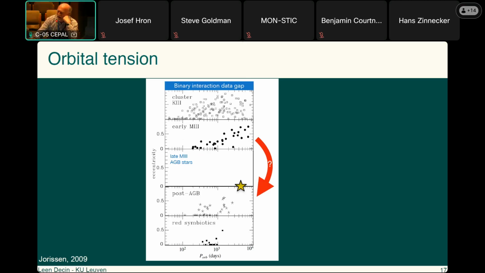But what is the actual mechanism that changes the mass loss rate? It is just the fact that the companion has an impact on the gravitational potential.